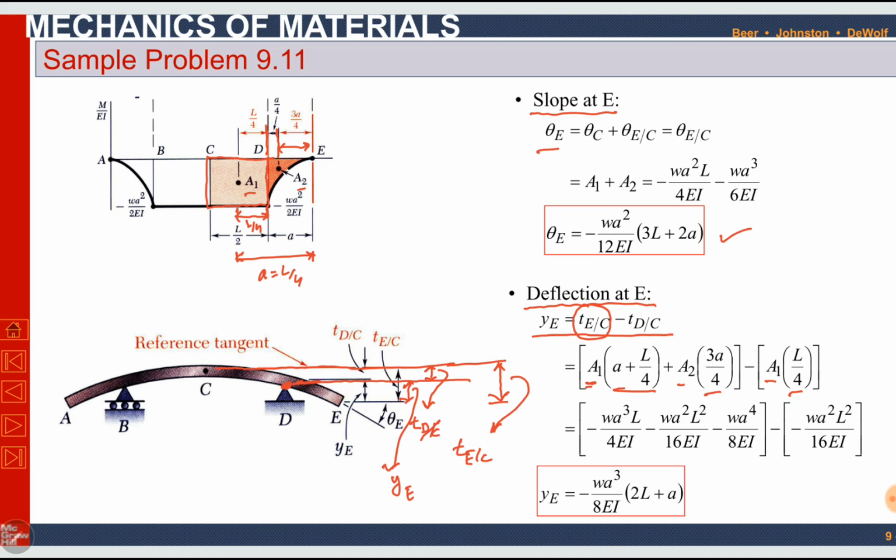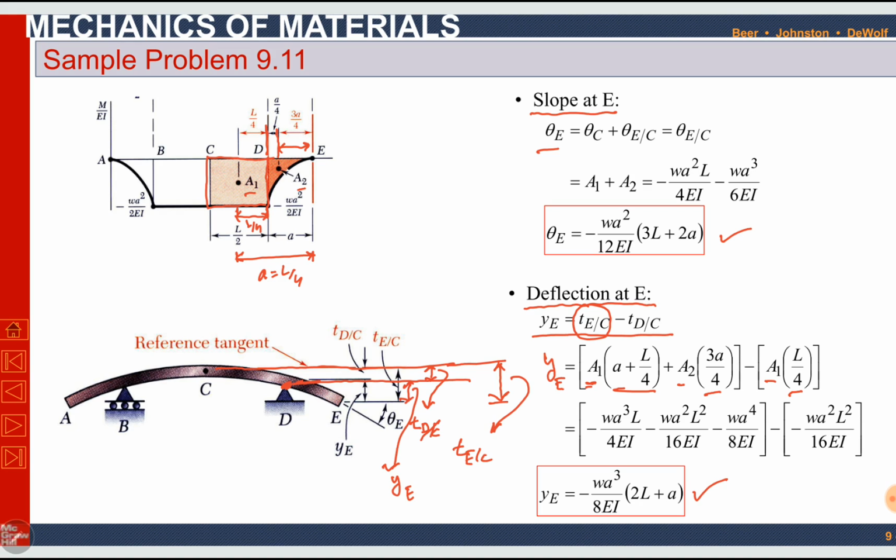Simply doing some simplification steps, we can calculate YE as this much, minus W A cube divided by 8EI into 2L plus A. If we know the numerical values of L, A, W, E and I, we can also evaluate the numerical value of YE.